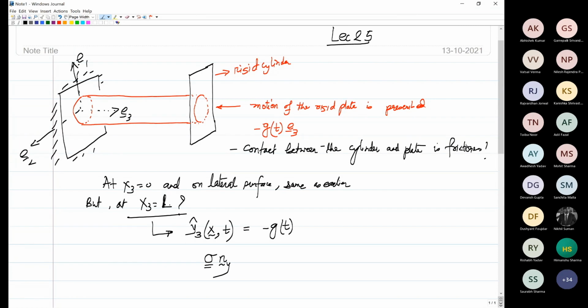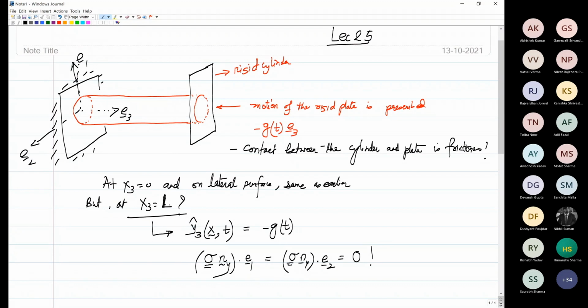We are just prescribing the motion, but we don't know the corresponding load. But we know that in the transverse direction, there will be no traction. So Manoj is very right. So sigma ny dot E1 is equal to sigma ny dot E2, and that's equal to 0.